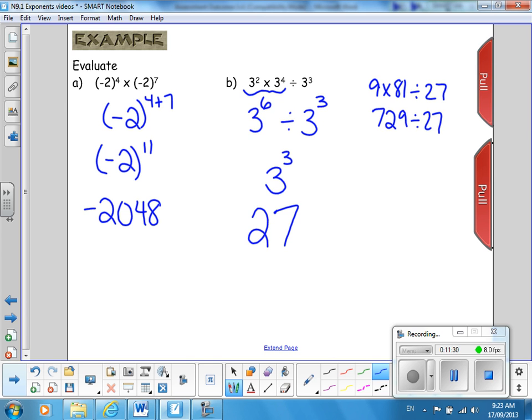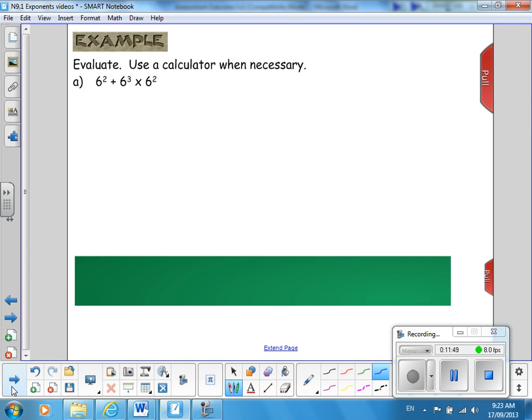Now you have to figure out how to divide those, and you get 27. Whereas here you're working with smaller numbers and only one calculation at the end. So laws of exponents can really simplify your steps to evaluating. If we want to evaluate, we can use a calculator when necessary.